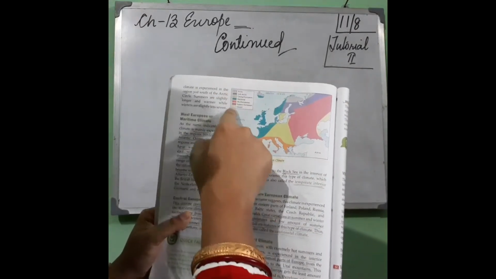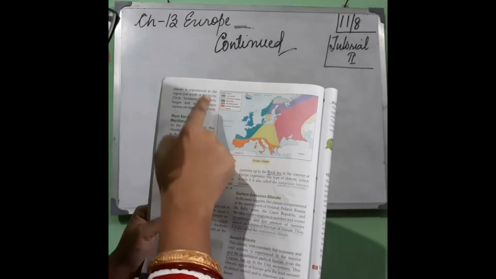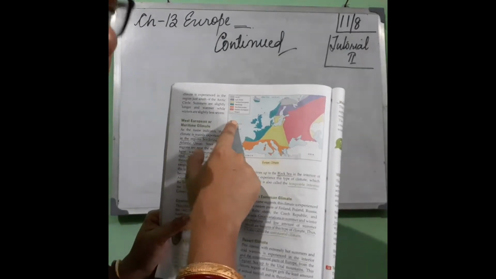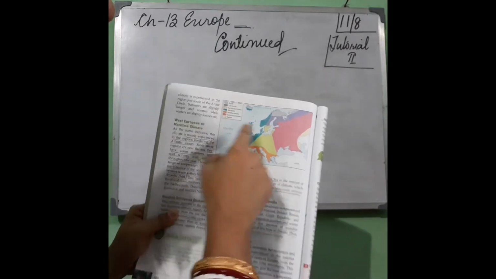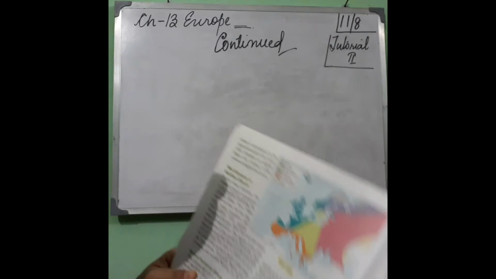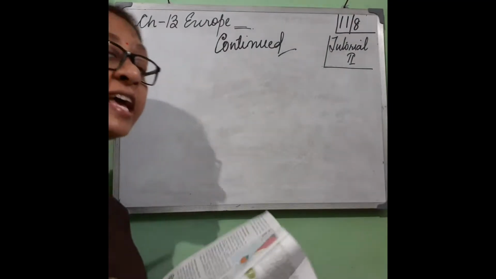The legend is given here. Remember that this is known as a legend, or the key of the map. From the key we understand which areas of Europe face what type of climate. So let us start with the vegetation and wildlife from page number 105.